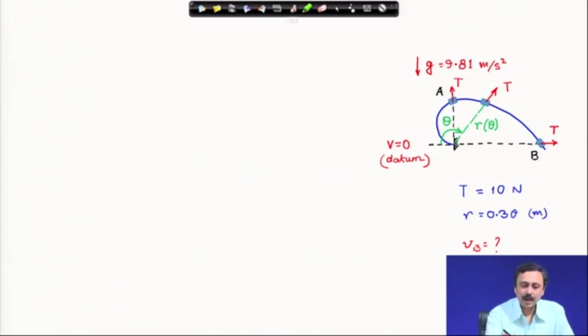In this problem I have chosen the datum as this horizontal line. Therefore, this is our datum where V is 0. At this level V is 0. From here I will measure my vertical motion. We have to find out the velocity when the collar reaches point B.